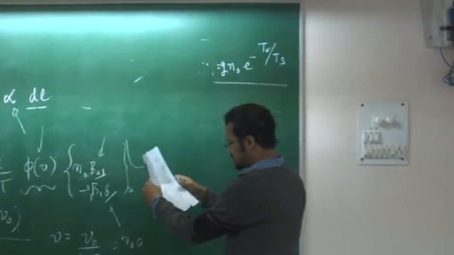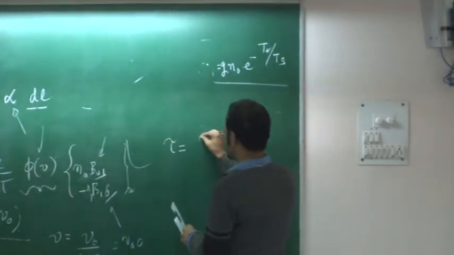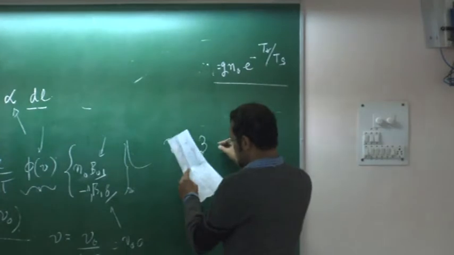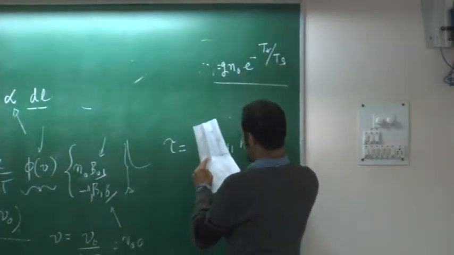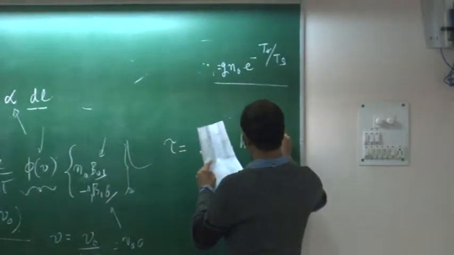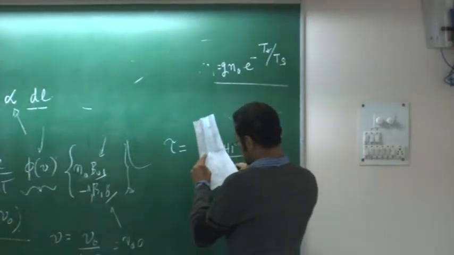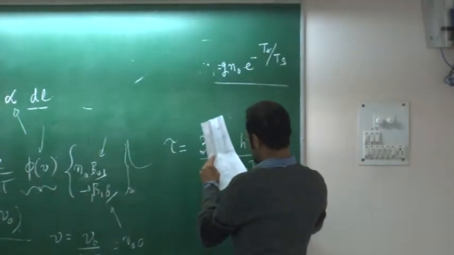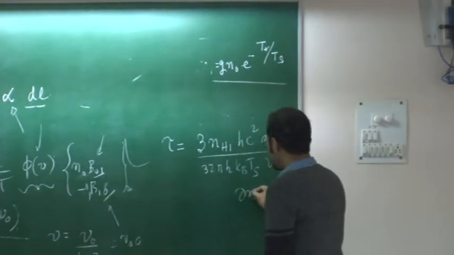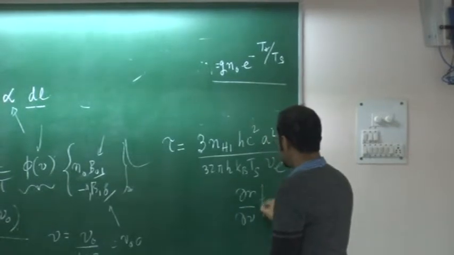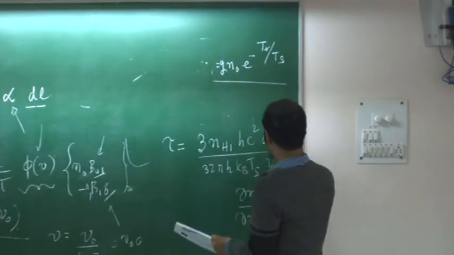So you will get this tau as 3, this 3 comes from this G, NH1, H, c squared, A squared by 32 pi H, AB, TS, mu E, and then you have del R, del nu, and it's A10.